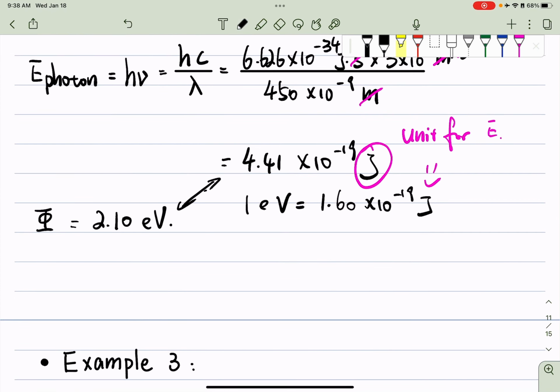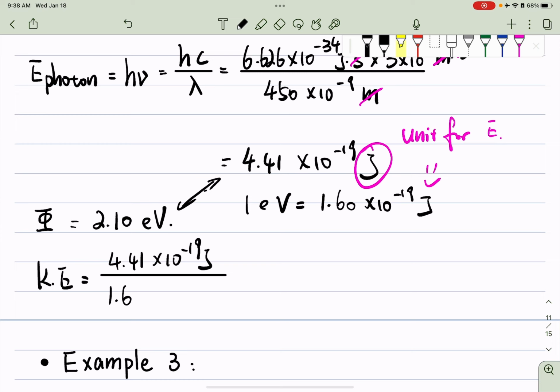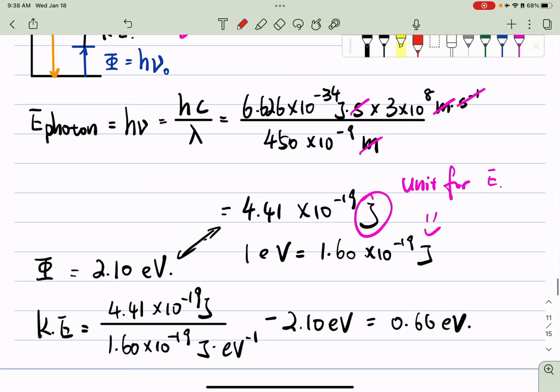So what I'm going to do here is kinetic energy equals that h nu term, which is 4.41 times 10 to the negative 19 joules, divided by 1.60 times 10 to the negative 19 joule per electron volt, minus 2.10 electron volts. And what we're getting is 0.66 electron volt. That is the kinetic energy the question is asking for.